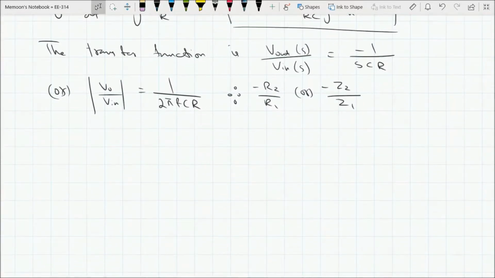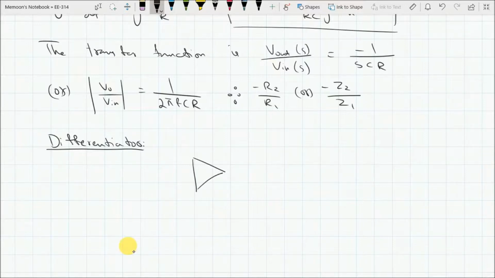The second circuit we are going to discuss here is the differentiator. You have studied the differentiator before, so let's quickly go through it and make this circuit.